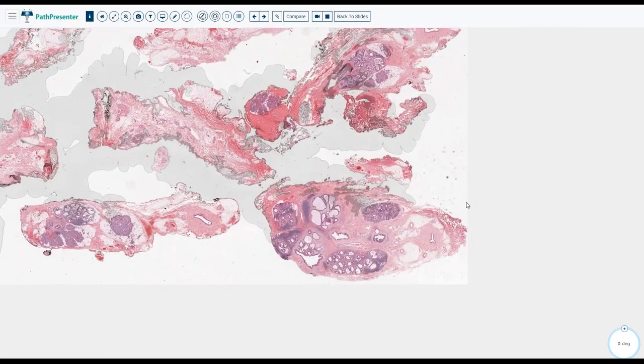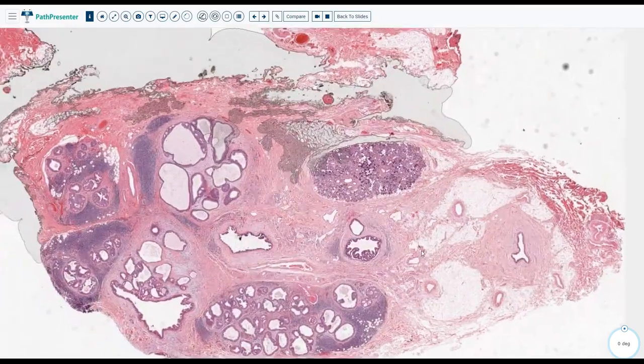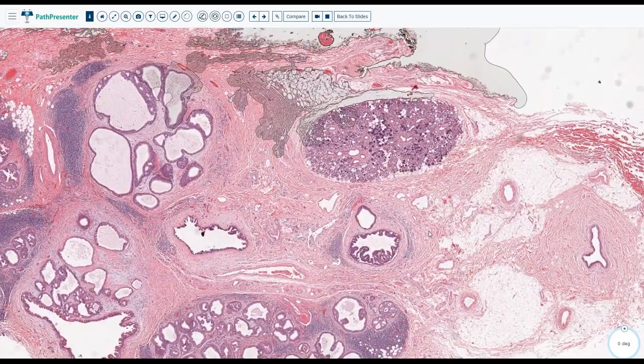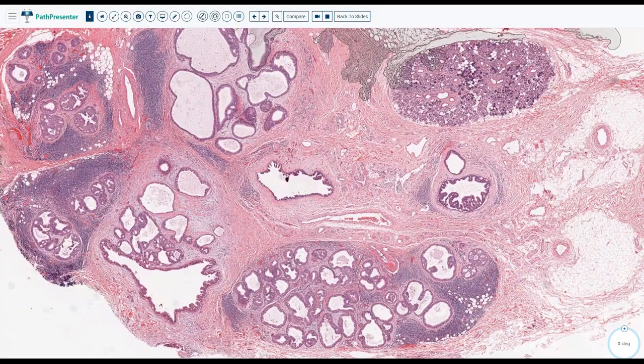Let's go here. There are some areas of fat, and we have here something. It's not going well. I hope by now you guys know low power.